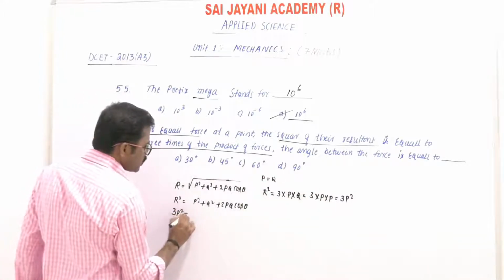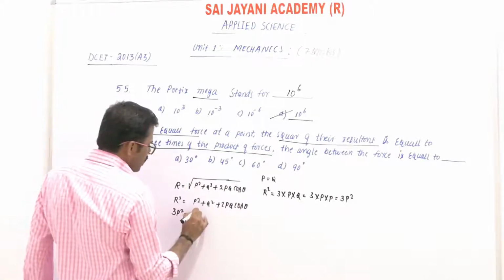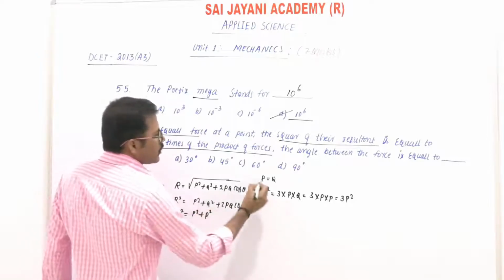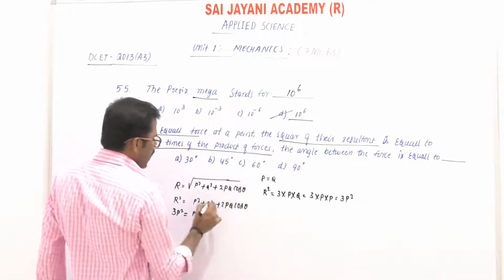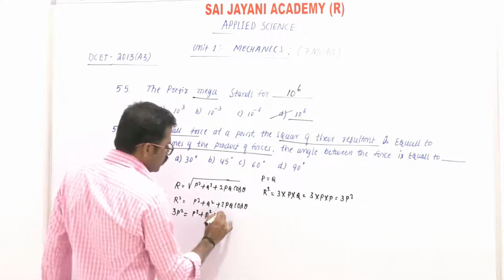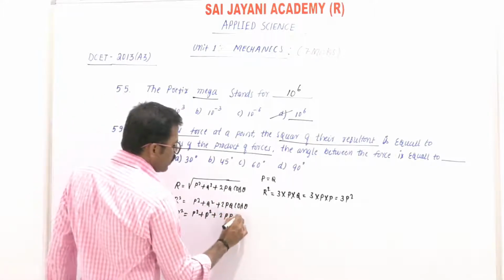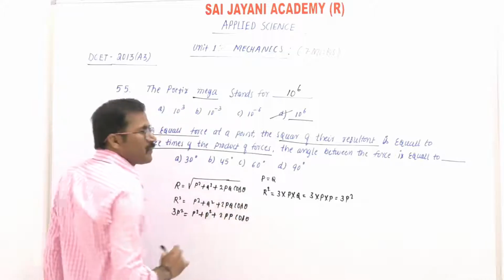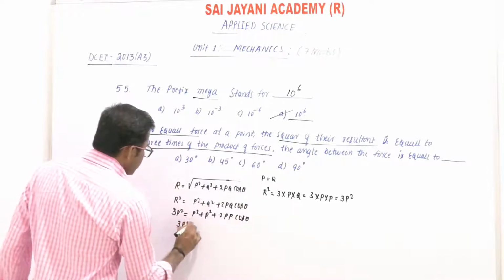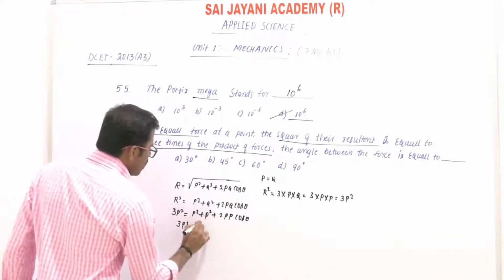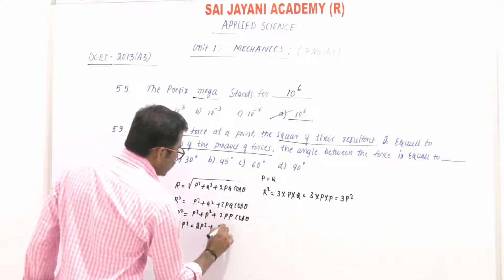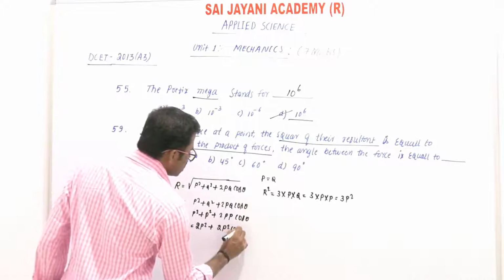3P square is equal to P square plus Q square, and because Q is equal to P, in place of Q I will write P. So 2P into P cos theta. So 3P square is equal to P square plus P square, 2P square, plus 2P into P, again 2P square cos theta.